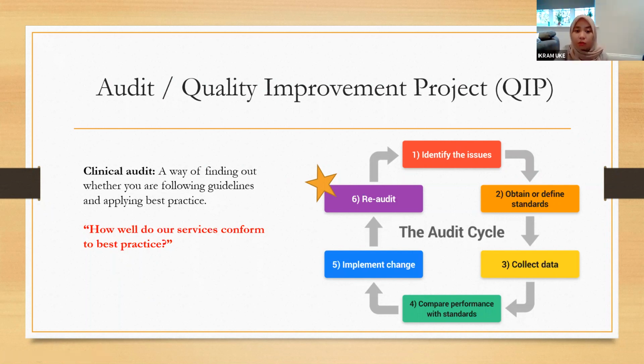Okay, so I put the star here for re-audit because that means that you have completed the audit cycle. Because you realize that most people, some, I'm not sure the number actually, some people only do part of the cycle, and that won't score you as much mark if you actually re-audit or close the cycle loop.